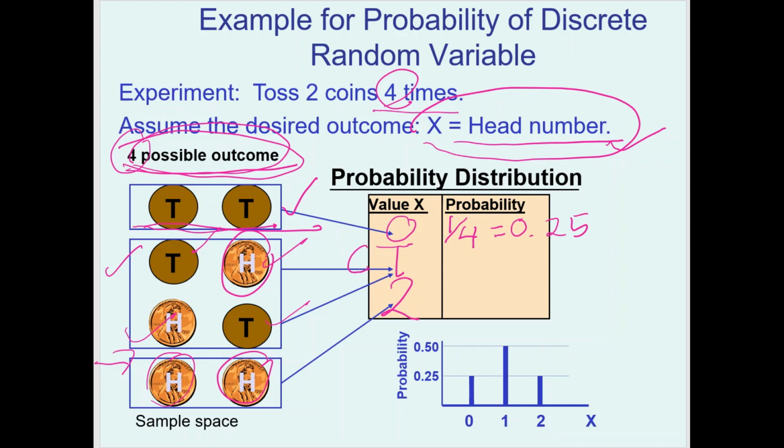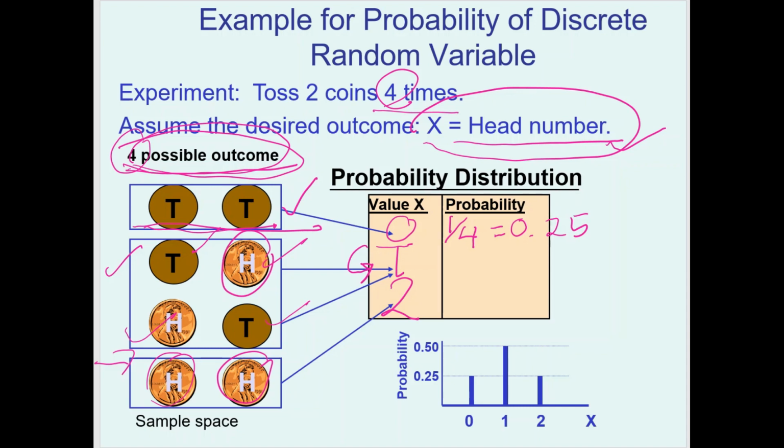So the probability of you getting the value of x, remember, x is equal to the head number. So the head number of x is 1, meaning the possible outcomes where x equals 1.